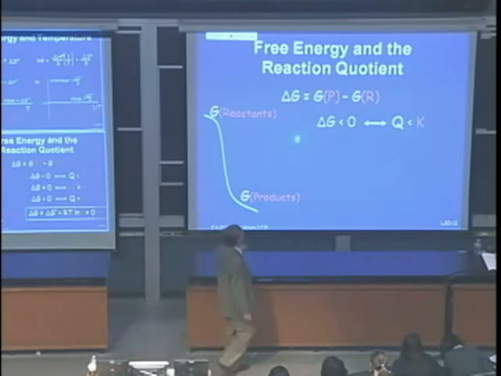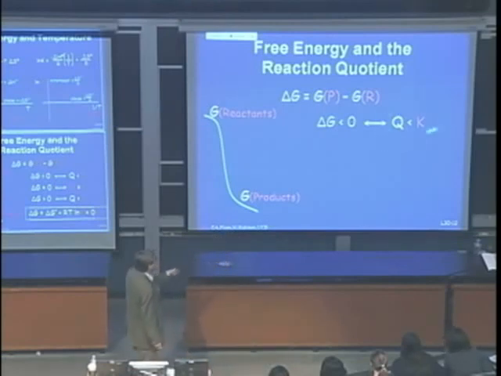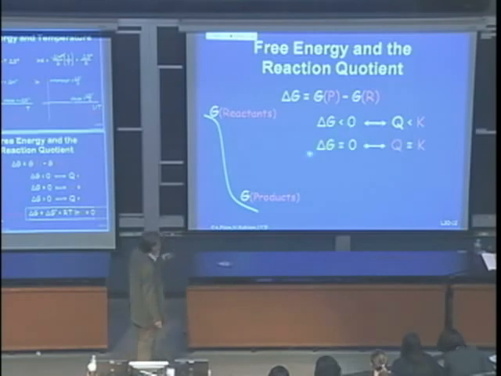If delta G is smaller than 0, that means Q is smaller than K. And in equilibrium, delta G equals 0. It's not delta G naught equals 0. Somebody said K would be 1, but delta G equals 0, okay?